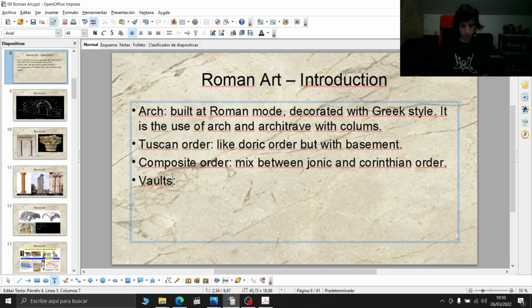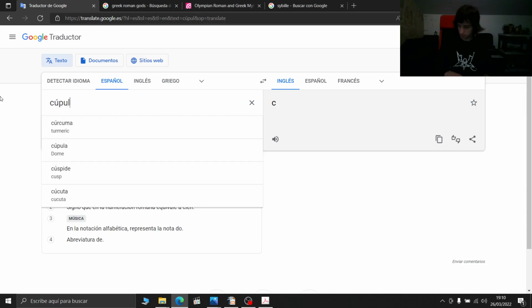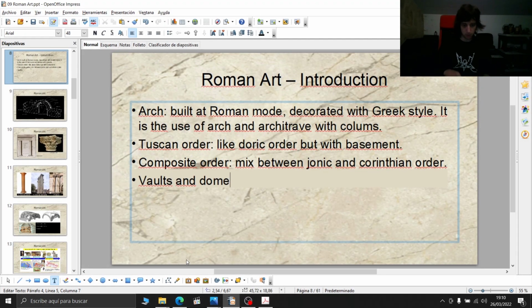Vaults and nothing else, because on cupola, dome. Vaults and domes.